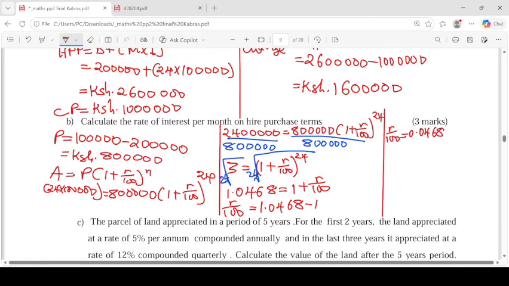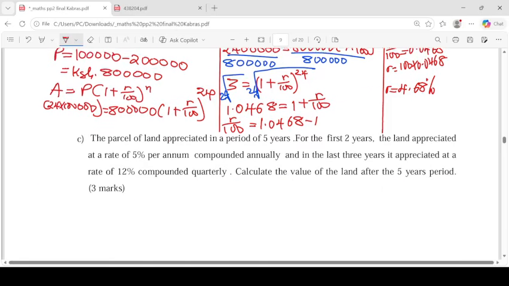When you cross multiply, it means R will be 100 times 0.0468. Then my R will be 4.68% per month. That is our rate.